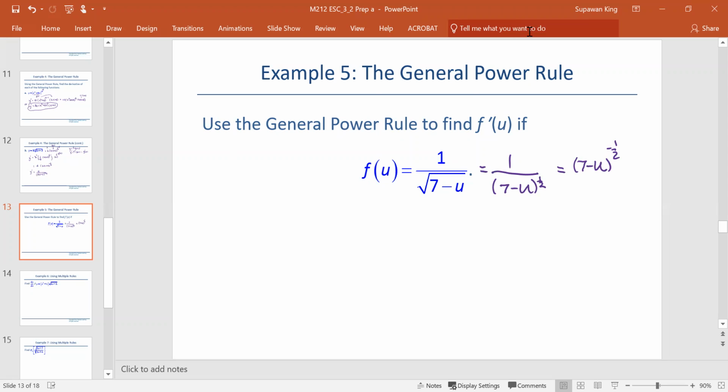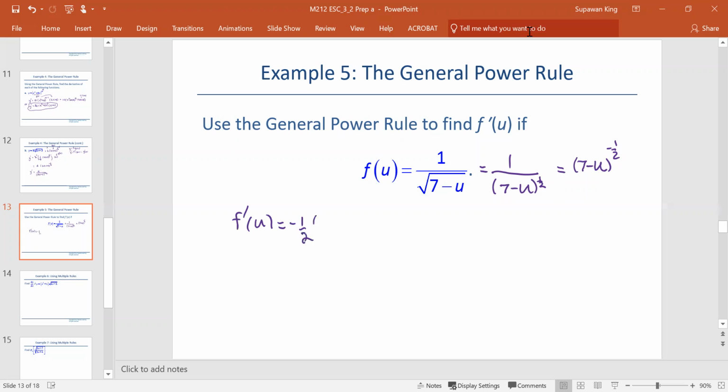The inner function is 7 minus u. So that's the one that we are going to multiply at the end by its derivative. So to find f prime of u, it is the derivative of the outer function, which is the general power function form with the power negative 1/2.